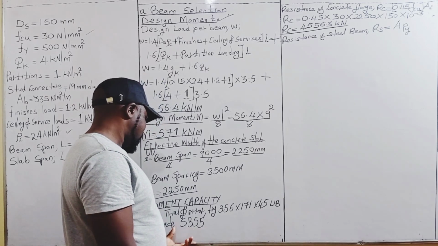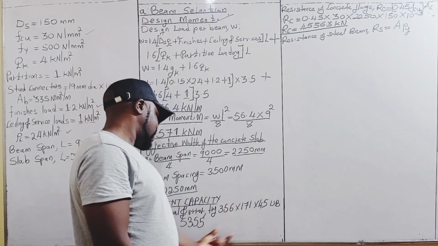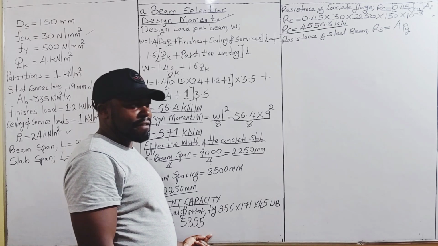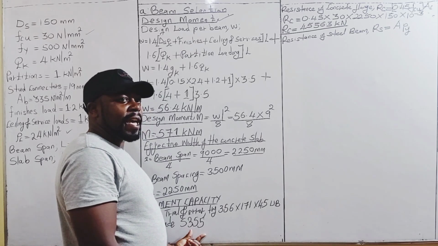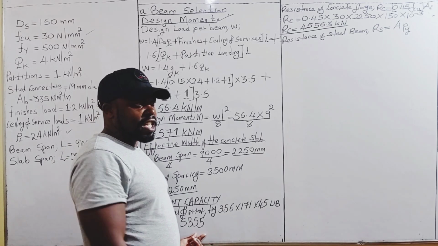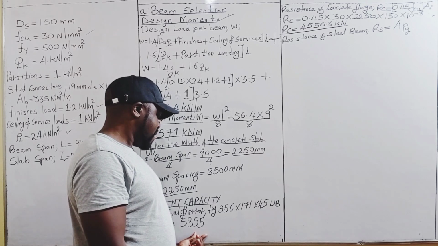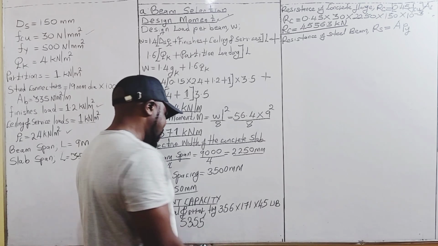And in this case, our steel is in grade S355, meaning that the design strength of our steel is 355 newtons per square millimeters.